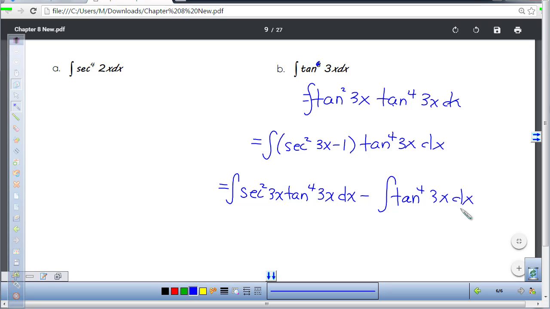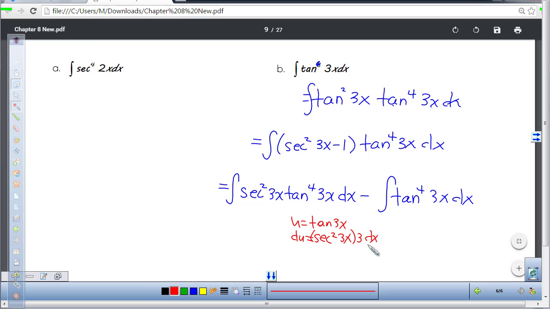All right, so we've got two nice integration problems here. This one looks really nice because we can let u be what? Or just tangent 3x, right? Because du would be secant squared 3x times 3 dx.